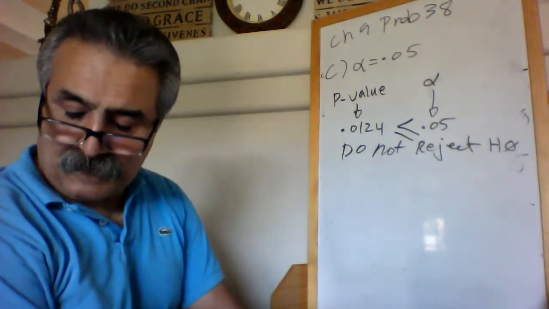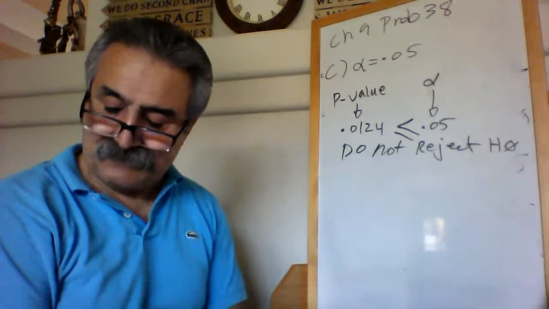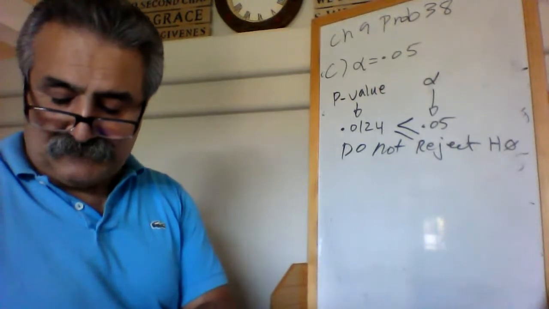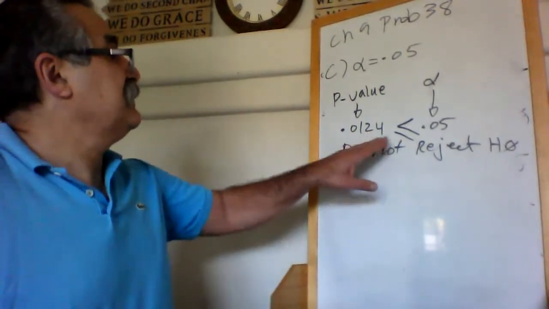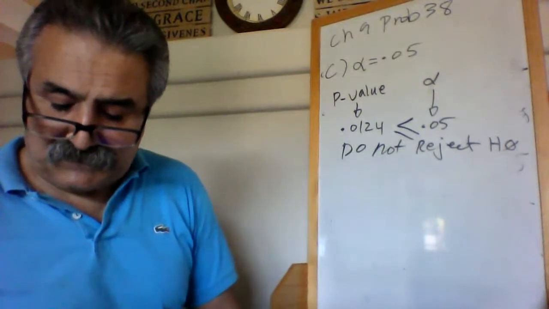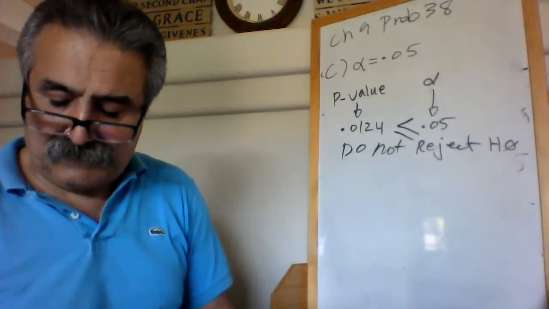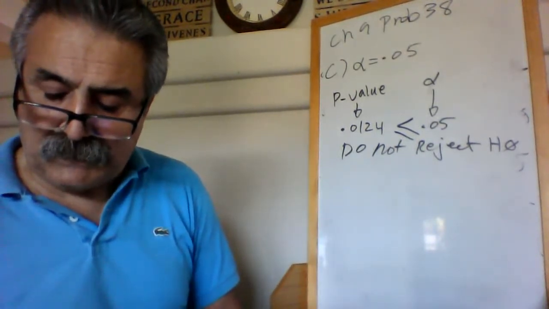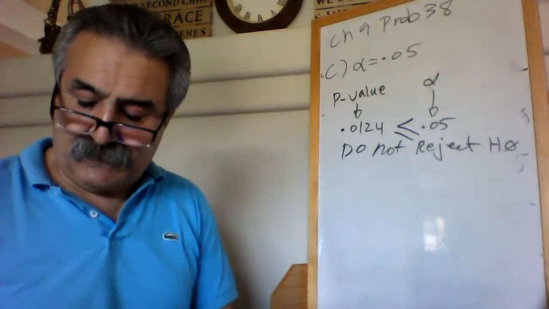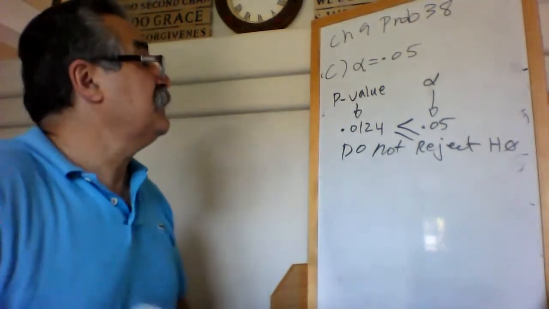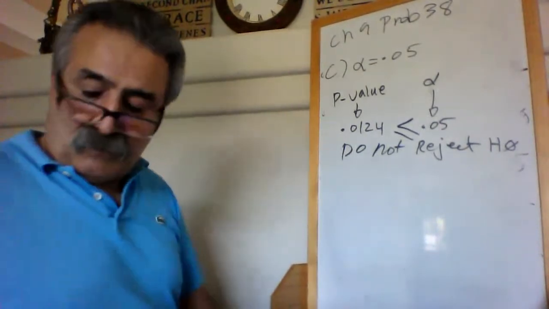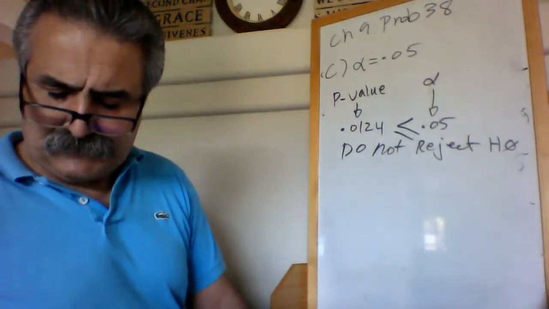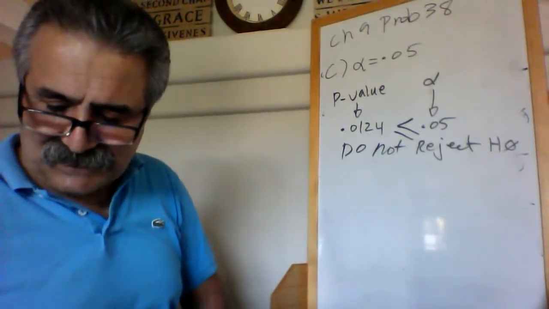0.0124, if this is less than alpha equal to 0.05. Let me see, I think I have made a mistake.